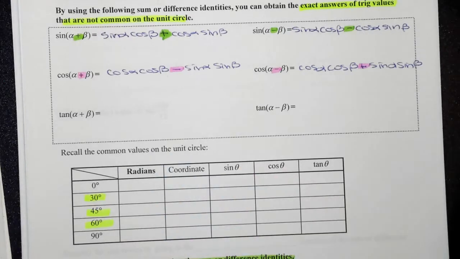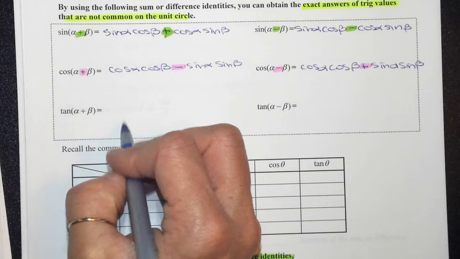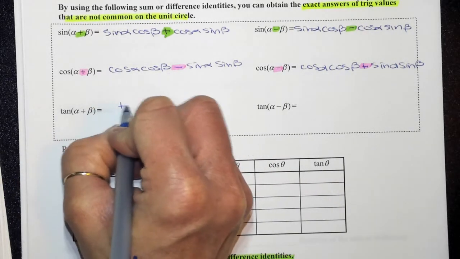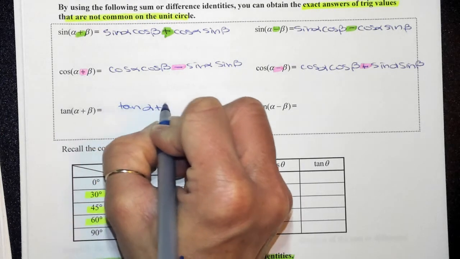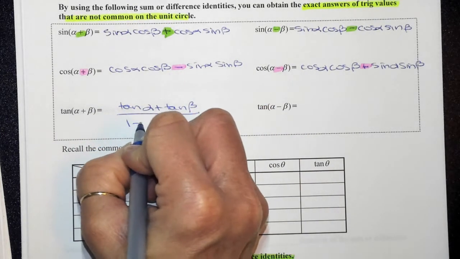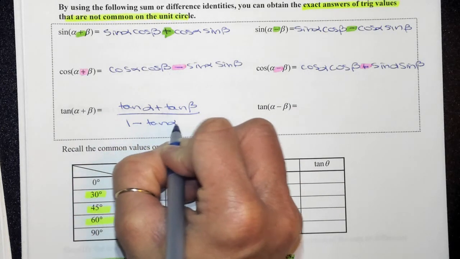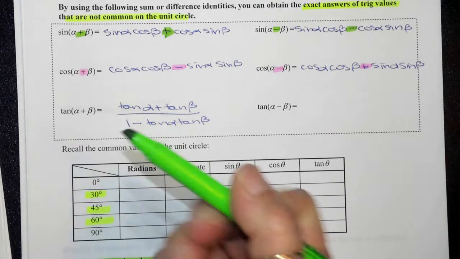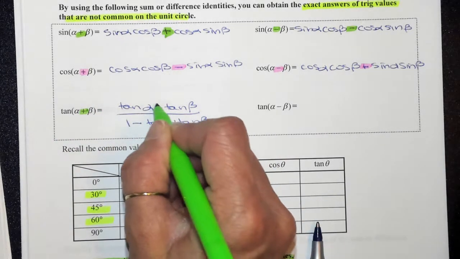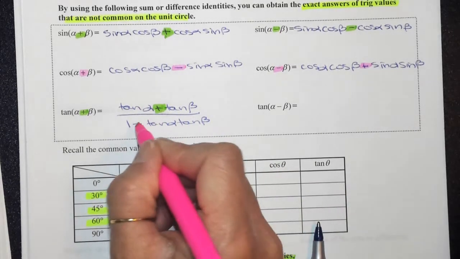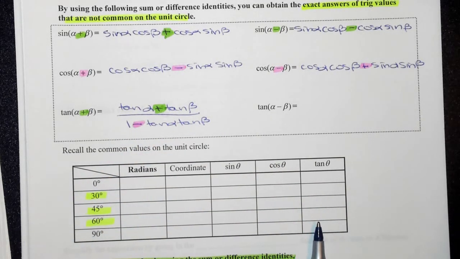And then the last, of course, is tangent. And this is a quotient. So if it's the tangent of alpha plus beta, it'll be the tangent of alpha plus the tangent of beta over 1 minus the tangent alpha, tangent beta. All right, so this is what we've got. If this is a sum here, it's addition in the numerator, but subtraction of the product in the denominator.